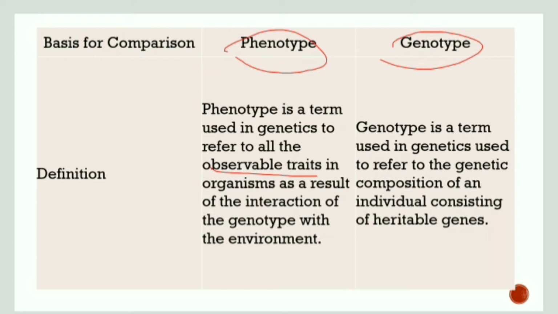So phenotype is the observable traits, whereas genotypes is the genetic makeup of an organism. So a phenotype is a result of the genotype with its environment. So phenotype is the result of genotype when it interacts with the environment. So this is the basic difference between a phenotype and a genotype.